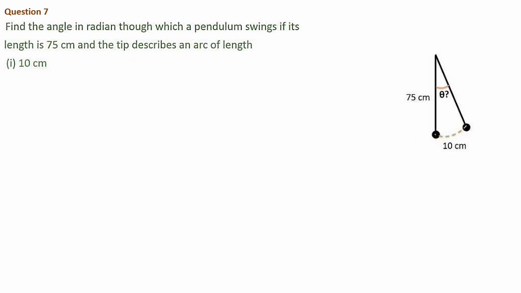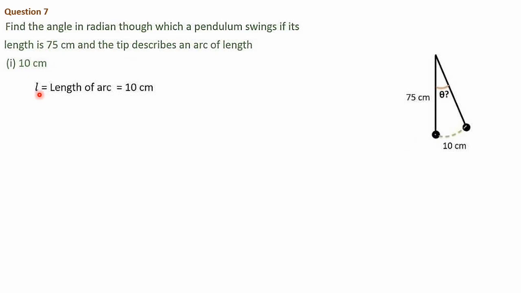So the initial position was here and it comes here and again comes back and moves like this. This is the pendulum movement. And the length of the pendulum is given to us as 75 cm and the arc length which this pendulum forms is 10 cm. We have to find out the angle in radian. So this angle we have to calculate.